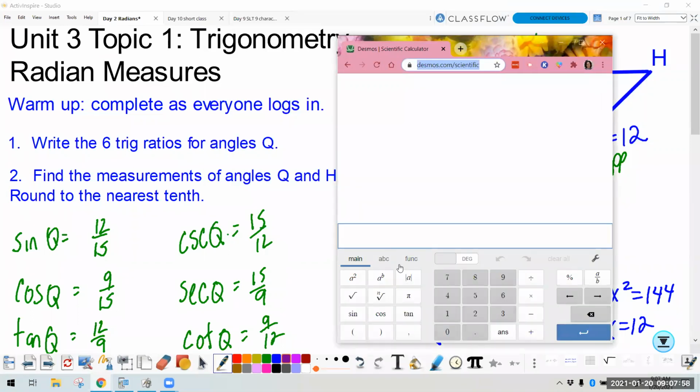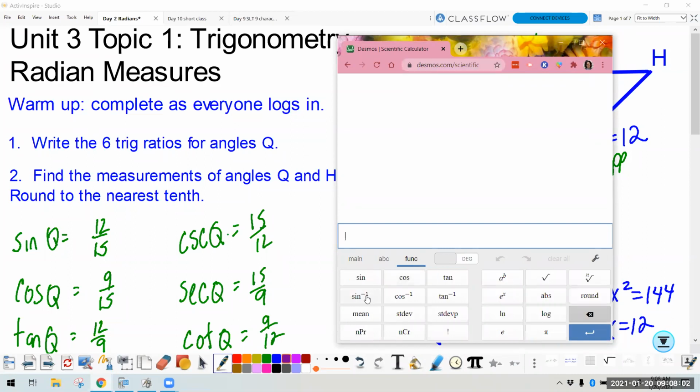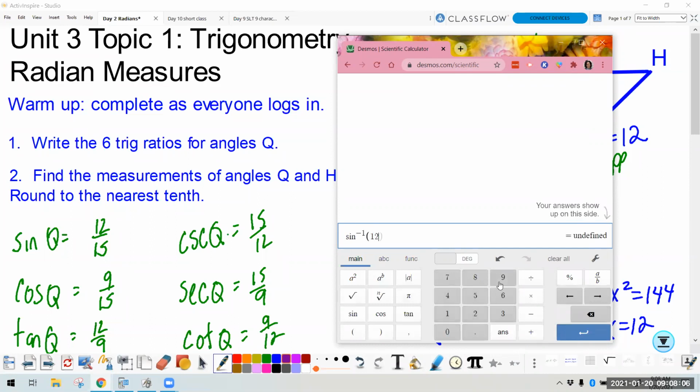Okay, so for sine, if you're using this Desmos calculator over here, you have to click function and do sine inverse. Go back to main of 12/15 to get the angle out. Whoops, that's not the right spot for that. There we go. To get the angle out, you have to inverse.